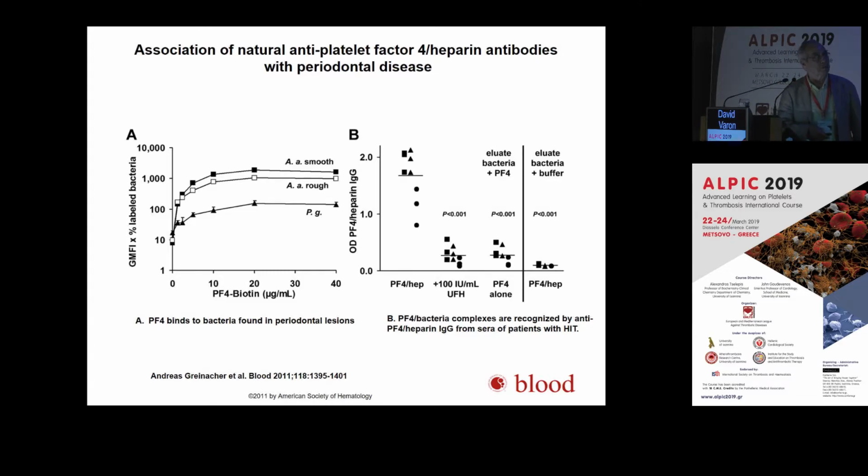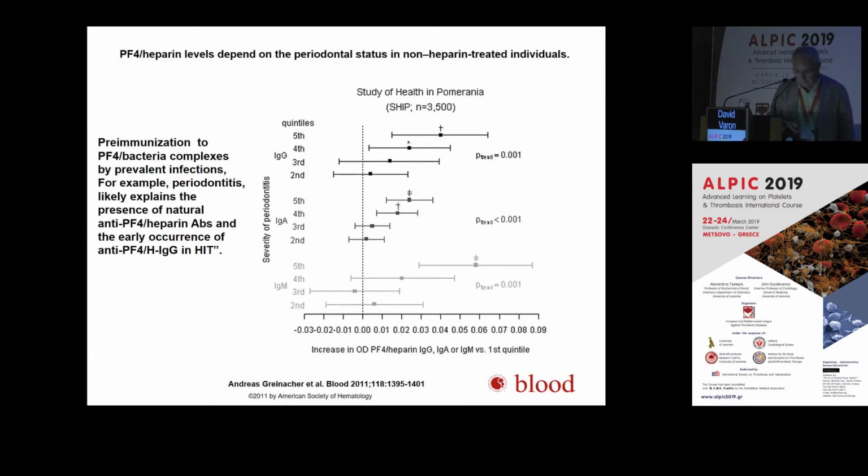Another important work by the group of Greinacher from Germany, they examined the presence of heparin-induced thrombocytopenia antibody without exposure to heparin. And here is the bottom line of the study.